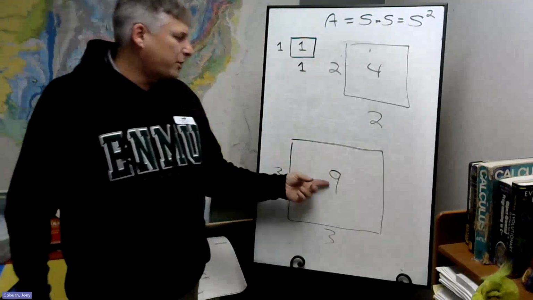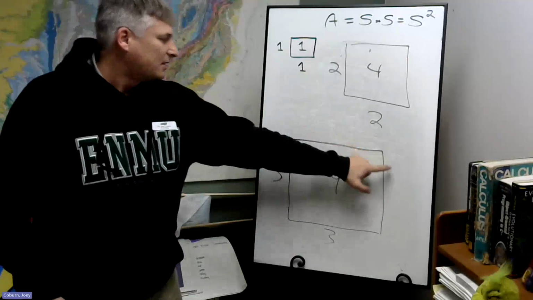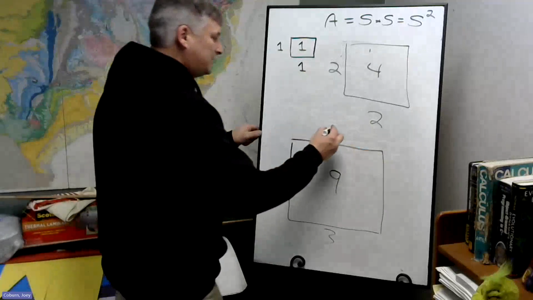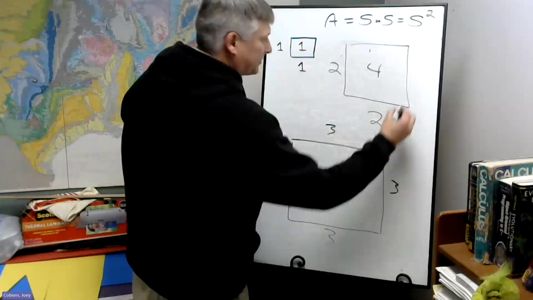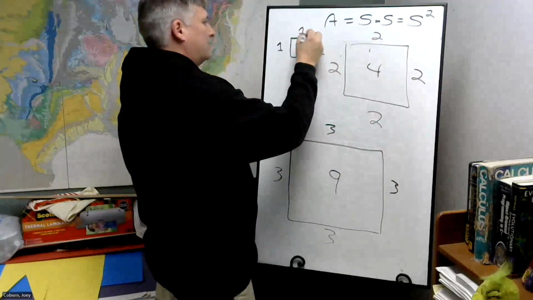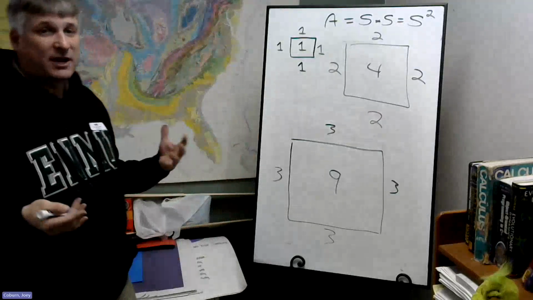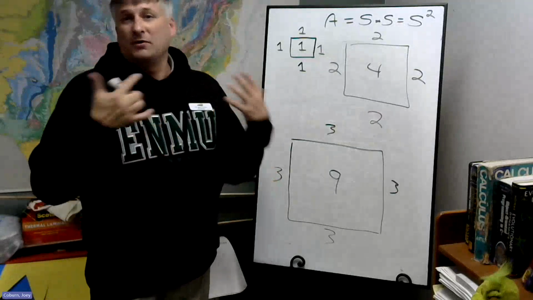So when we ask for the square root of 9, we're asking, what are the lengths of the sides of the square? All of these are going to be the same because squares, by definition, have the same length on all their sides. The four-sided shape where all the sides are the same.